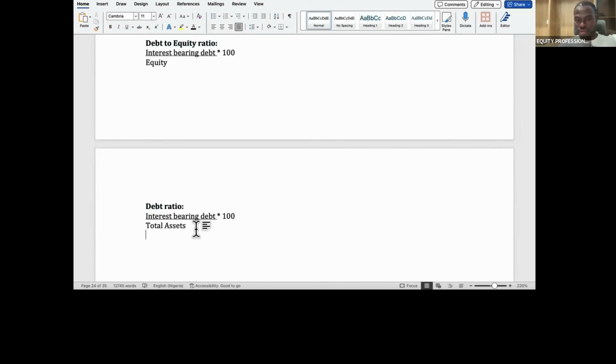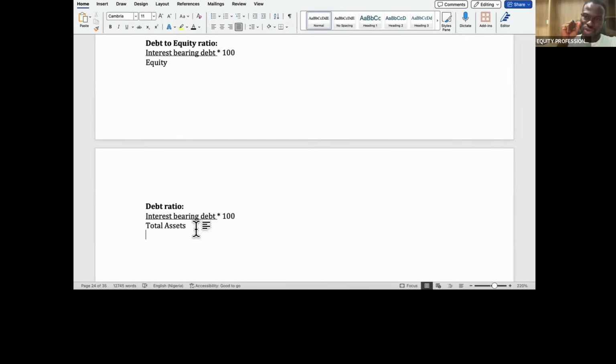In most of the questions, they won't ask you to compute this ratio, this ratio. Most of the time, they will just ask you to analyze the performance and position of a company. So nobody expects you to start calculating ratios that do the same thing. You'll not get so much mark. What gives you most of the mark is your analysis.